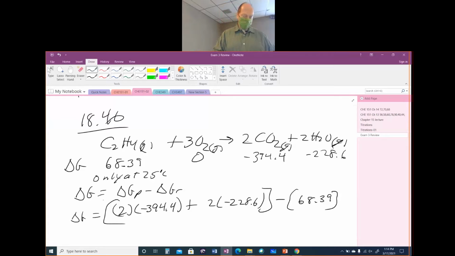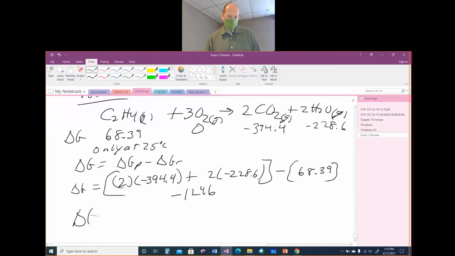All right, so 2 times negative 394.4 plus 2 times negative 228.6. All right, so this gives you a negative 1246 and then minus 68.39. All right, so you have a delta G value of negative 1314.